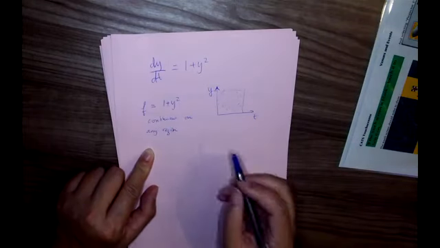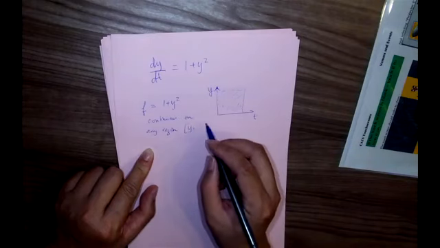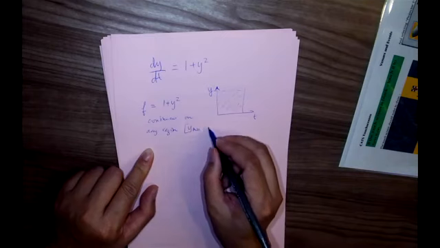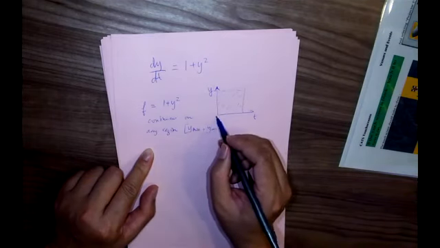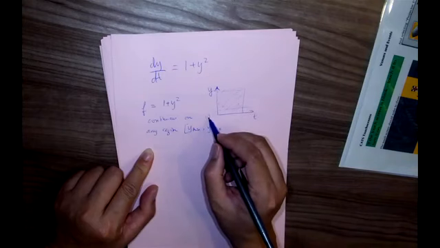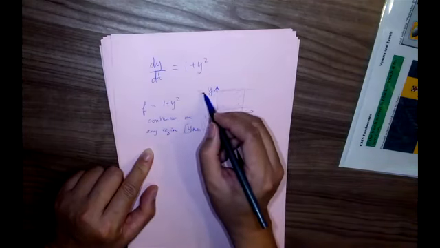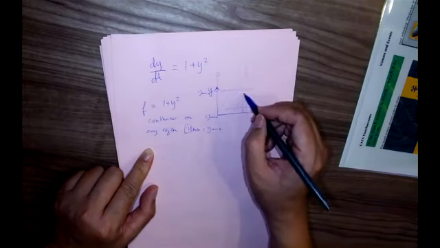Continuous in two variables, yeah? So in any region, y min, y max. Suppose this one is y min, and this one is y max. And this one is 0, and this one is t, yeah?